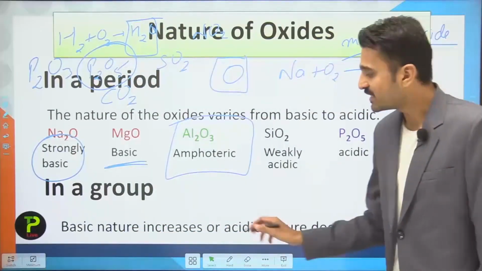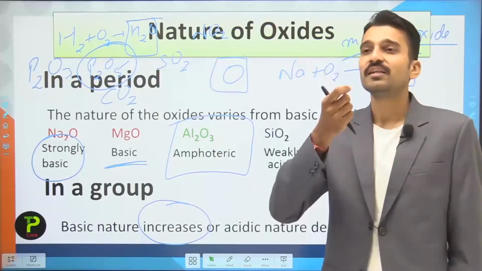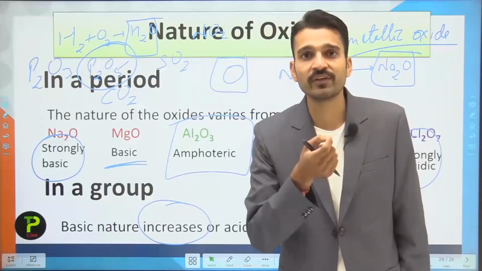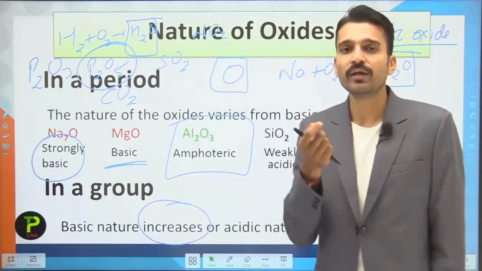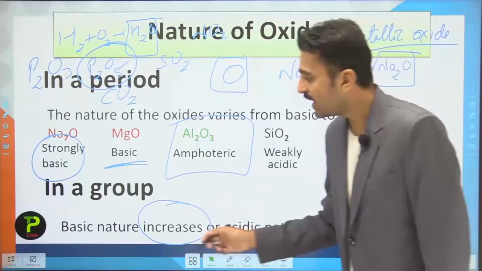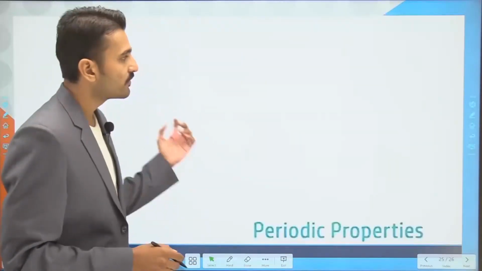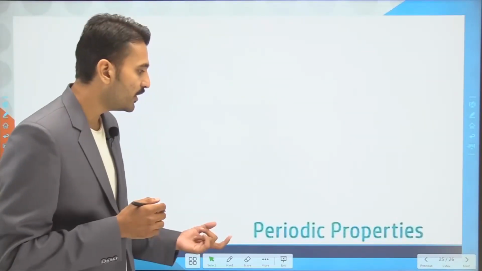The basic nature keeps on increasing, because as we move from top to bottom, the tendency for an element to remove an electron also increases. It simply means that it has more tendency to become a cation, and the higher the tendency to become a cation, the higher will be its basic nature. So this is the nature of oxides that we have seen, and this is part of the periodic properties.